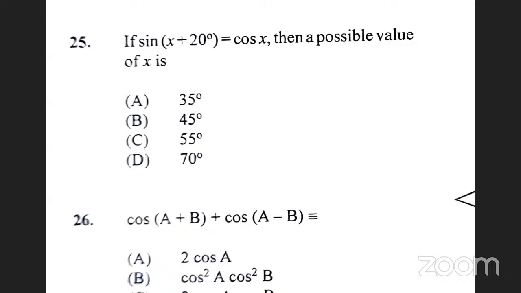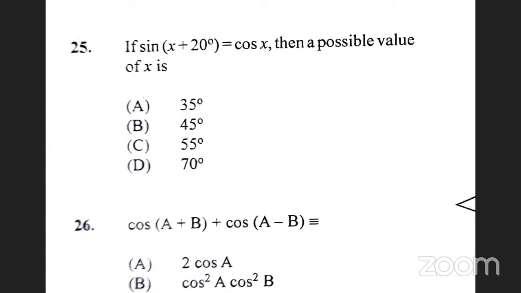Try that here. If sin of x plus 20 equals cos x, then a possible value of x is what?